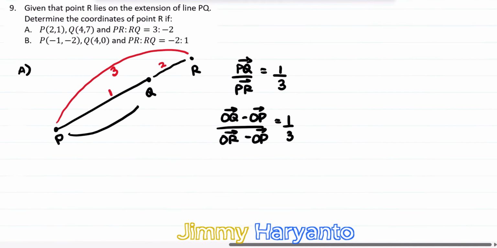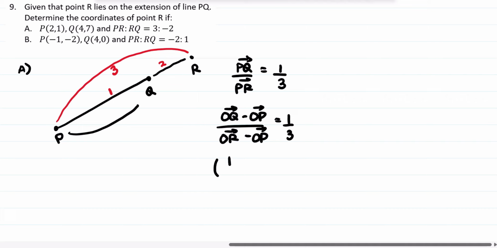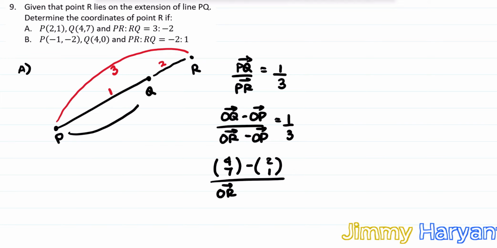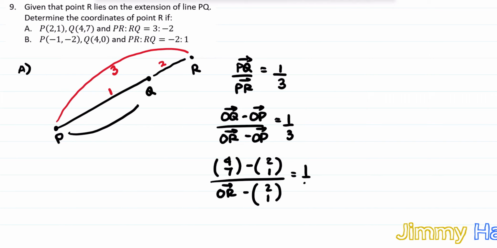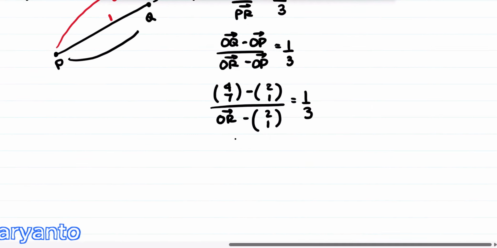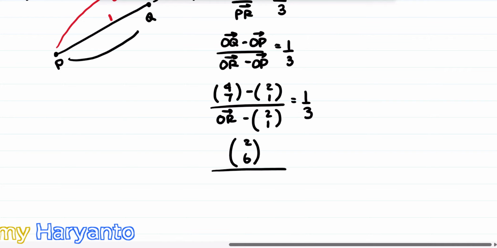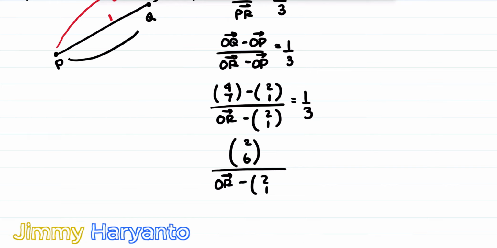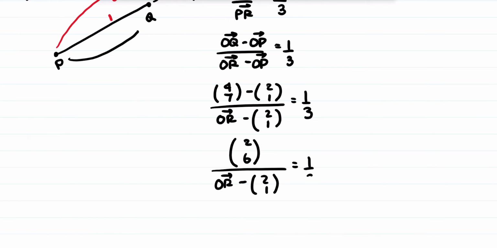So OQ, do we have OQ? Oh yes, we have (4, 7) as OQ. OP is (2, 1). OR we don't know yet. So let's simplify it a bit. (2, 6) over OR minus (2, 1) equals 1 over 3.